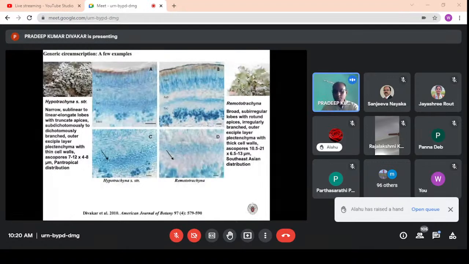The morphological anatomical features corroborated the segregation of the new genus from Hypotrachyna, with the broad lobes, exciculum features, and the ascospore features helping the segregation. And the geographic distribution, mostly the new genus distributed in Southeast Asia, and Hypotrachyna in a pantropical distribution. So this is another example of the generic circumscription.